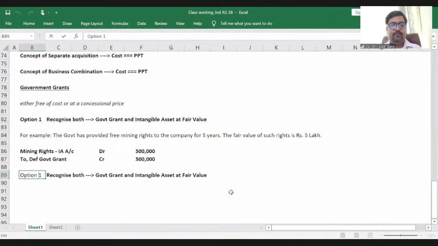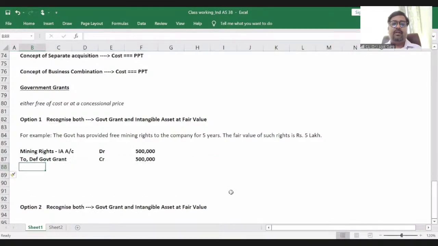Sir, but what happens with this mining right and this government grant? What is the separate accounting entry? So this is at the time of acquiring the rights. But what is the accounting entry at the year end?